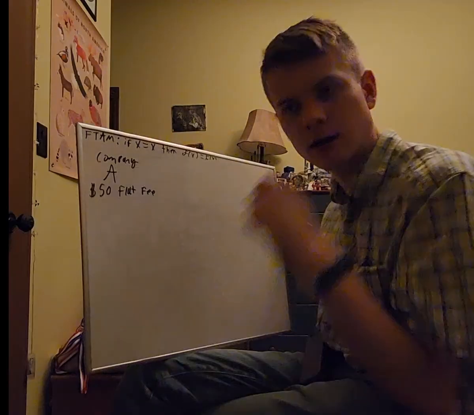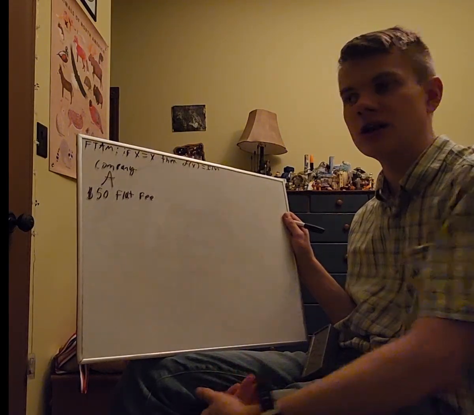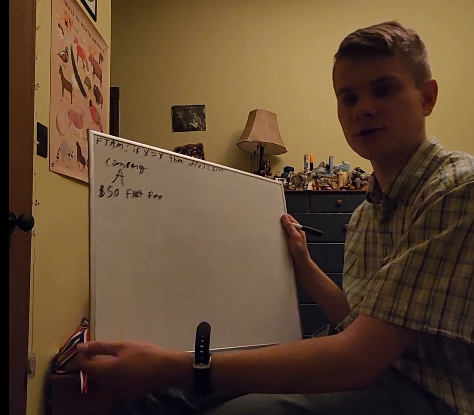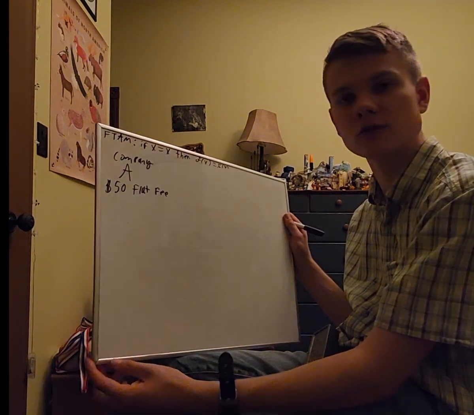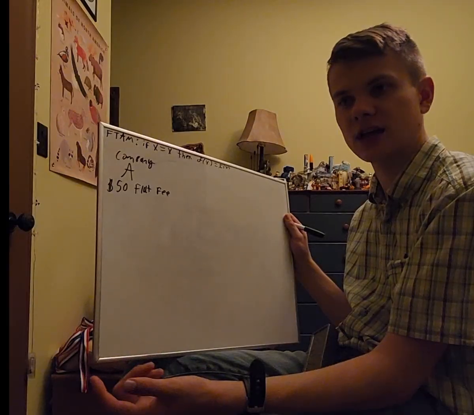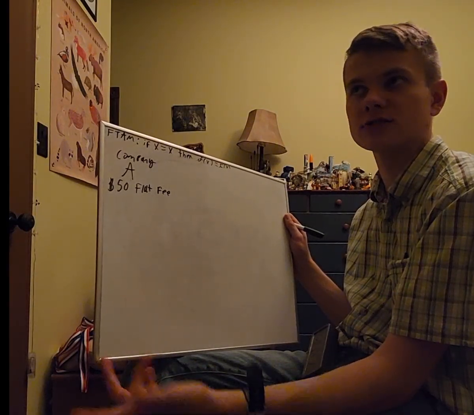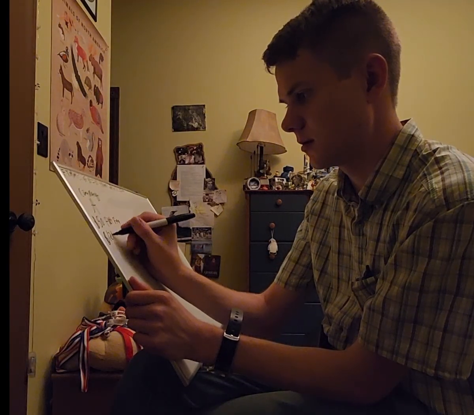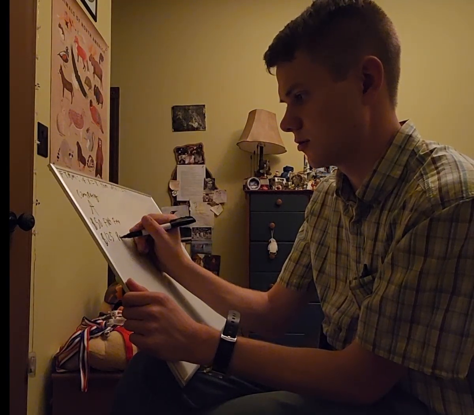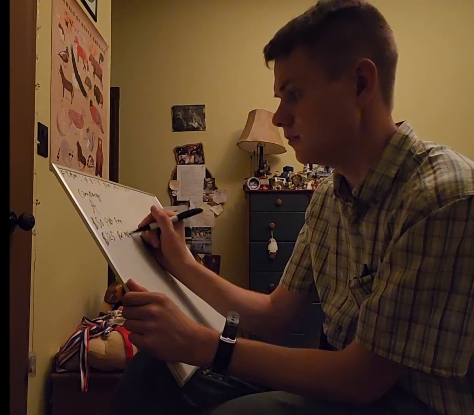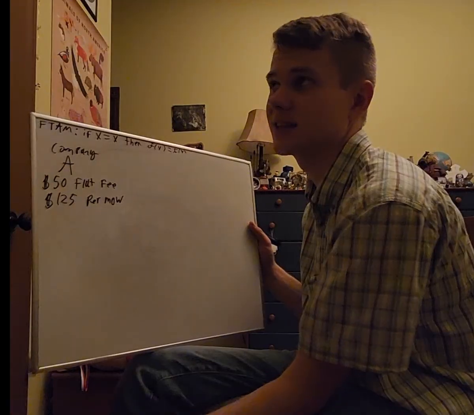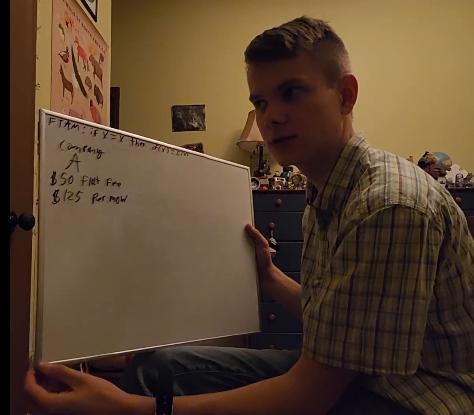And based on the estimate of your grass and what you want, they're going to charge you $125 each time they come to mow your grass. So let's say for example, it's the middle of summer, so the grass isn't growing that much.